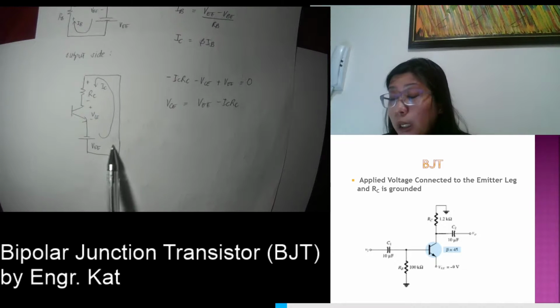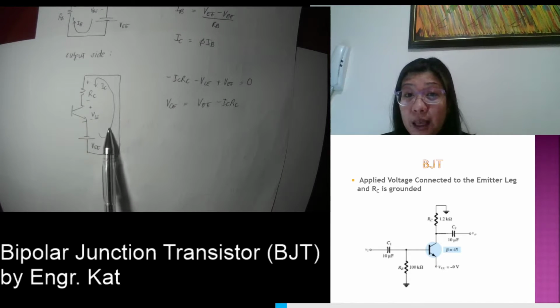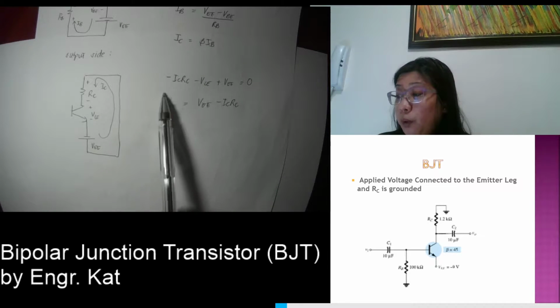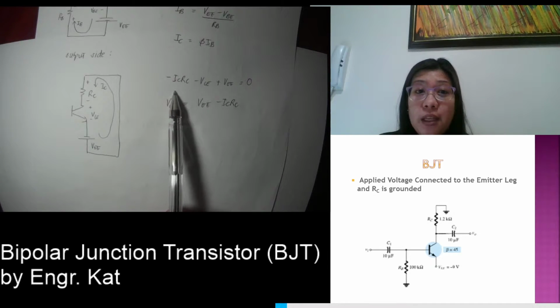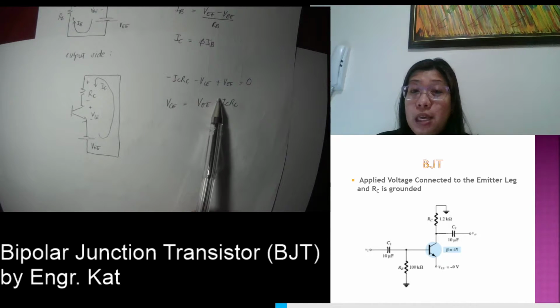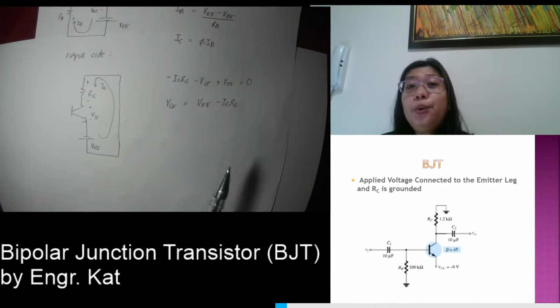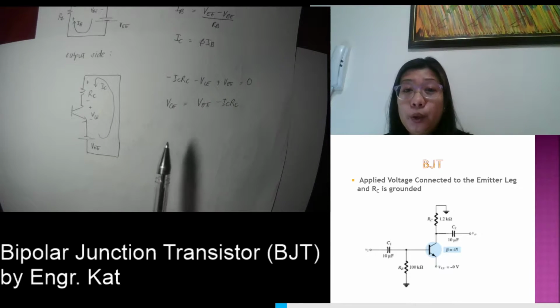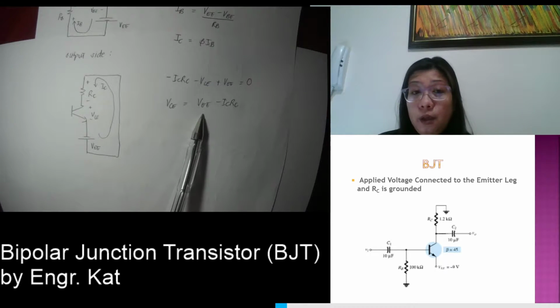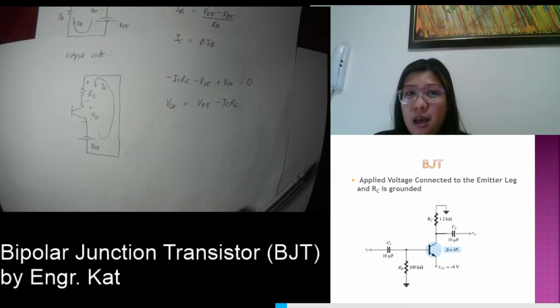If we apply KVL, or Kirchhoff's voltage law, at this loop, we will have minus negative IC RC, minus VCE, plus VEE is equal to 0. So what are we solving for? We are solving for your VCE, and your VCE is equivalent to your VEE minus IC RC.